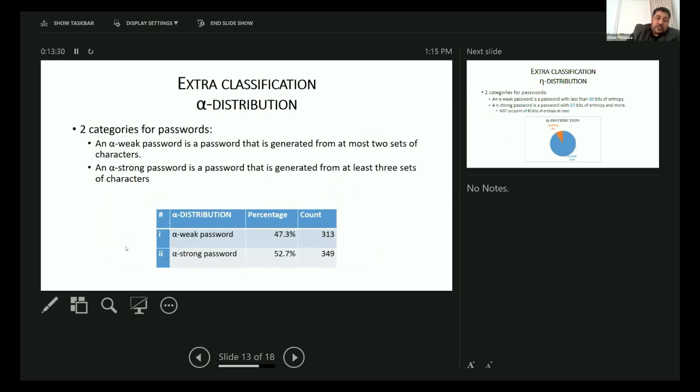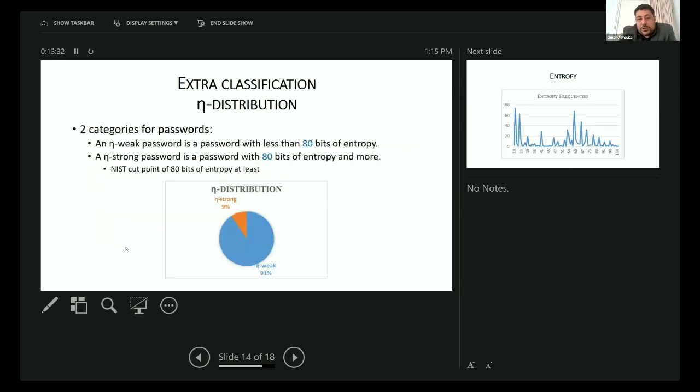And then we have another categorization for passwords, which is based on entropy. According to NIST, the American National Institute of Standards and Technology, they have this cut point of 80 bits of entropy. So if any password has at least 80 bits of entropy, we consider that eta strong, while eta weak is for passwords with less than 80 bits of entropy.